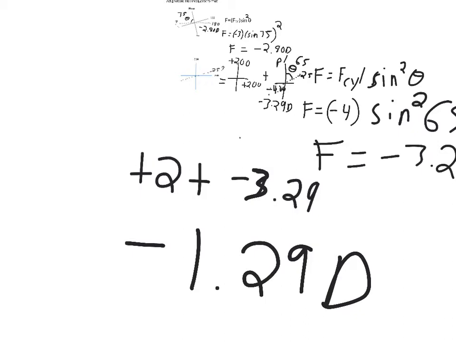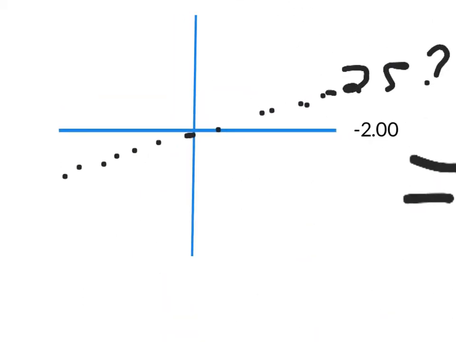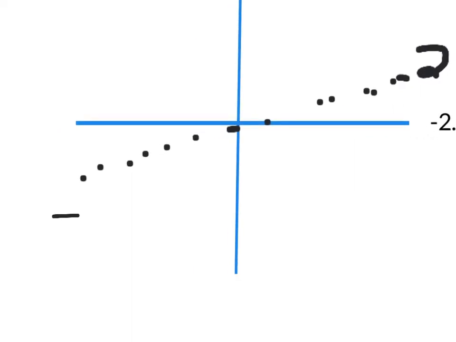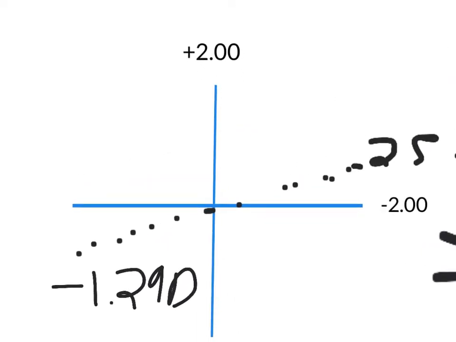So that's your final answer. The 25th meridian right here is minus 1.29 diopters. Then you can check yourself. You can see that this meridian right here is closer to minus 2, so the number should be closer to minus 2 than to plus 2. If I asked you to find the power of the 80th degree meridian, that value would be closer to plus 2. Okay? Hopefully that helps.